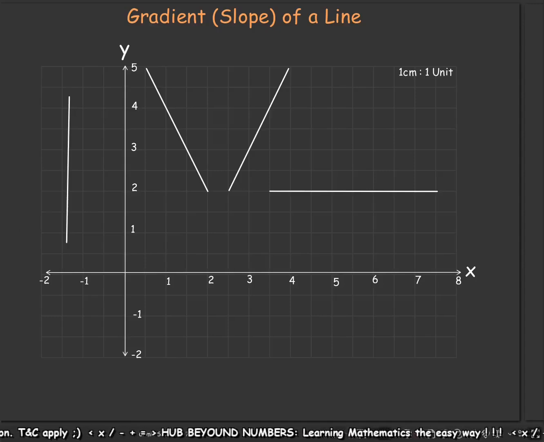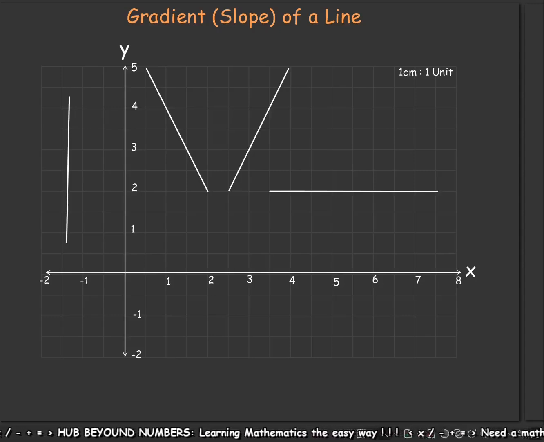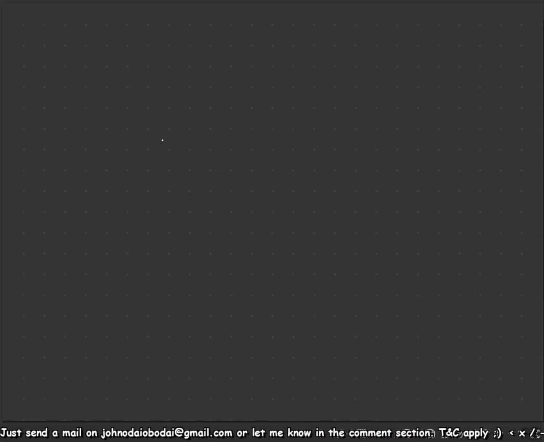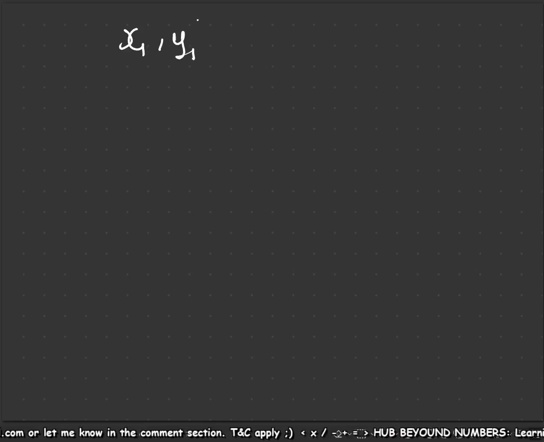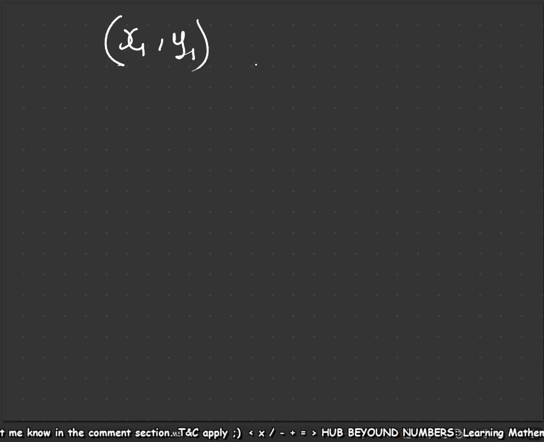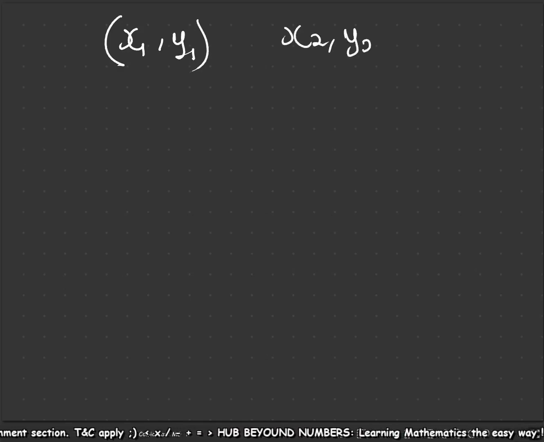So now that we know these gradients, or what a line represents in terms of gradient, how do we solve for gradient? Solving for gradient, if you have 2 points, such that your first point is x1, y1, and then your next point is x2, y2.